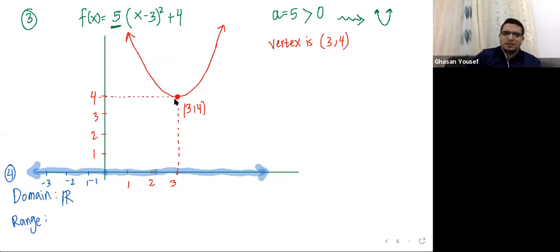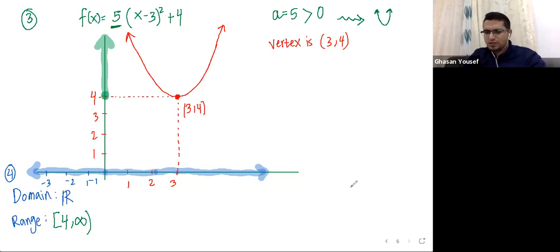As we see here, starting from the point 4 and going up, all these values are used to graph the function. So the domain is R and the range starts from 4 and goes to infinity. This is the range. Any question?